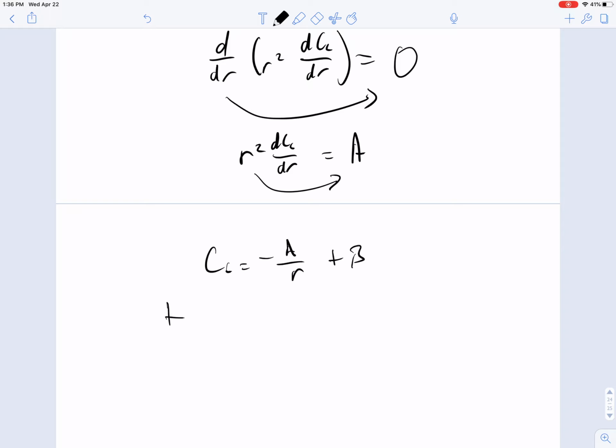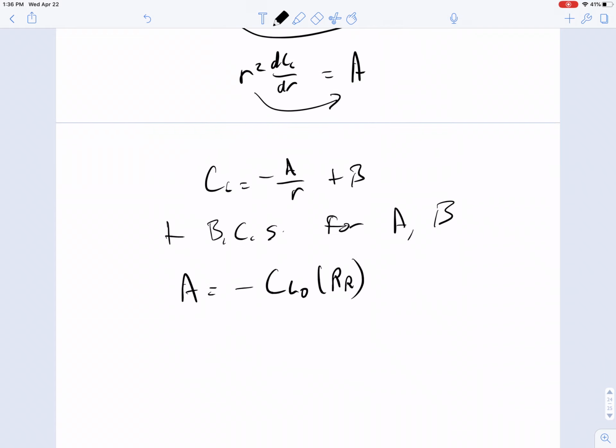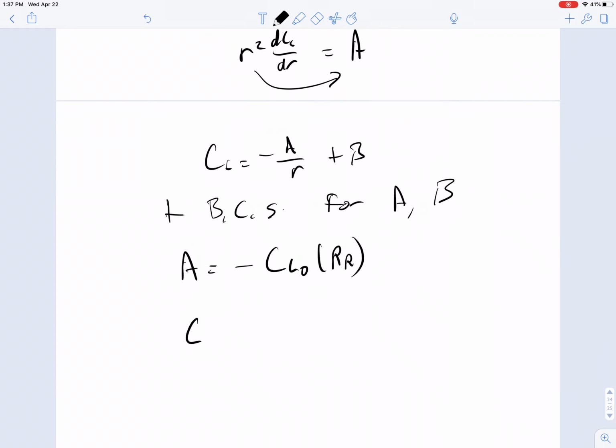Substitute in the boundary conditions for solving for a and b. When you do this, you find that a equals minus Cl0 times the radius of the receptor, and the overall equation is simply the concentration of ligand equals Cl0 times the radius of the receptor, all divided by your position r as you go away from your source, the receptor.